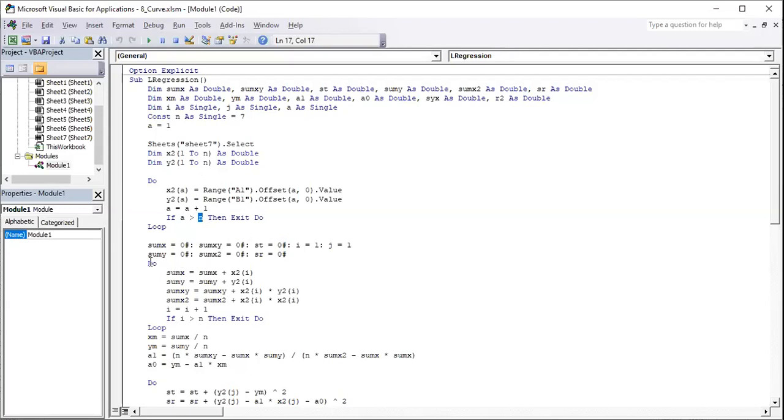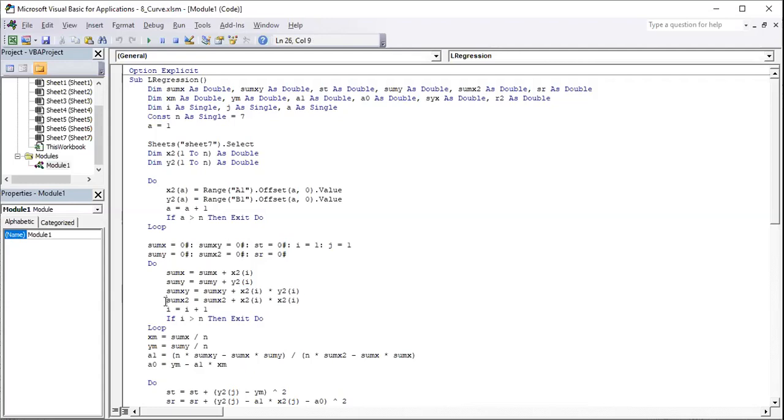Then you have a do loop here. This is the equation that calculates the sum of X. This is the equation that calculates the sum of Y. This is the equation that calculates the sum of X multiplied by Y. It's a summation, so it will keep on summing as the loop keeps going.